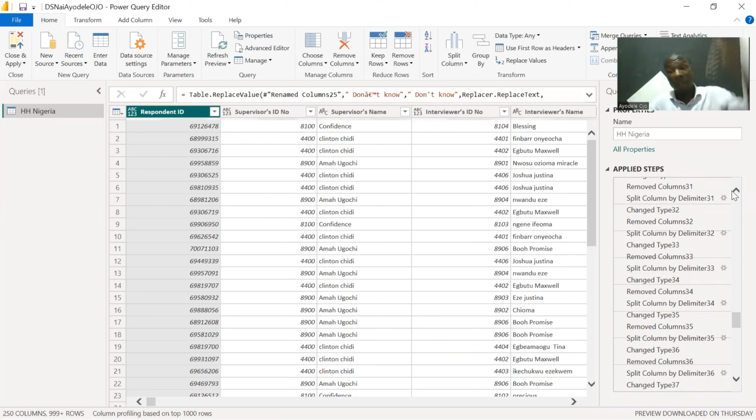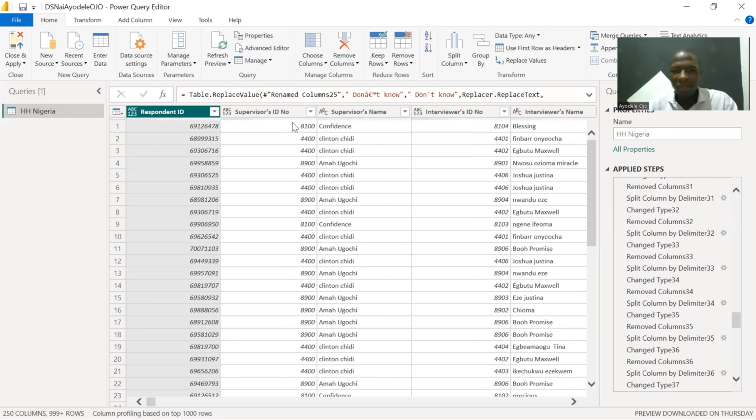We have about 16,228 observations, that is the respondents, and also about 250 columns. So I had to clean it. Some of them were bringing errors when I imported the data into my Power BI, so I had to do a lot of cleaning steps here.